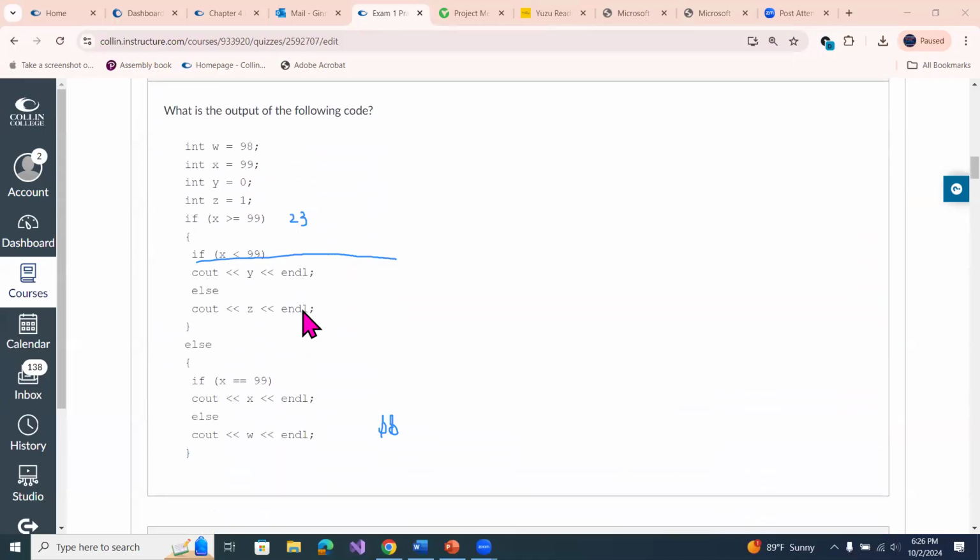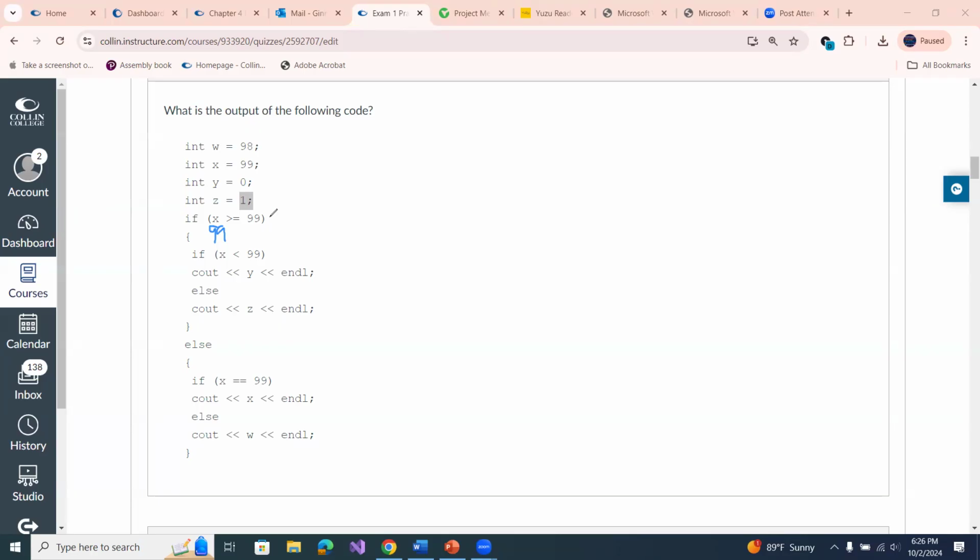Here we're looking at what is the output of the following code. So we start with W equals 98. These values are assigned to W, X, Y, Z. X is 99. So we're going to put 99 here. And then it says, is 99 greater than or equal to 99?